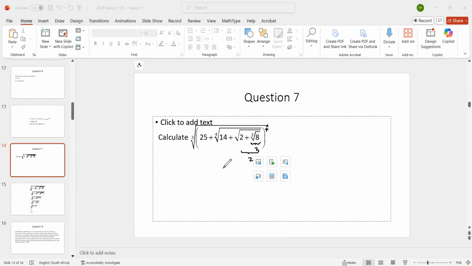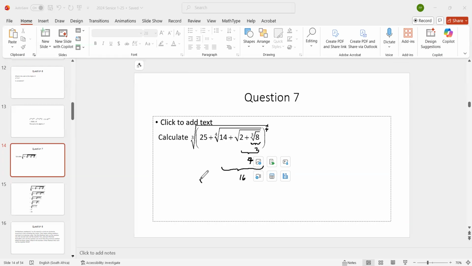Now you got 14 plus 2. Oh, let's put a 4 here. The square root of 4 is 2. So the square root of 14 plus 4 is the fourth root of 16. Now 16 is 2 to the power of 4. It's 2 times 2 times 2 times 2.